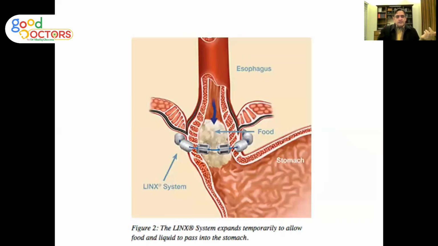Then there is a relatively newer modality, LINX. This is a ring which is passed laparoscopically around the distal end of the esophagus. It keeps this end closed and it opens up whenever the food bolus comes down. So there are good results. People all over the world are using it to manage patients with reflux disease.